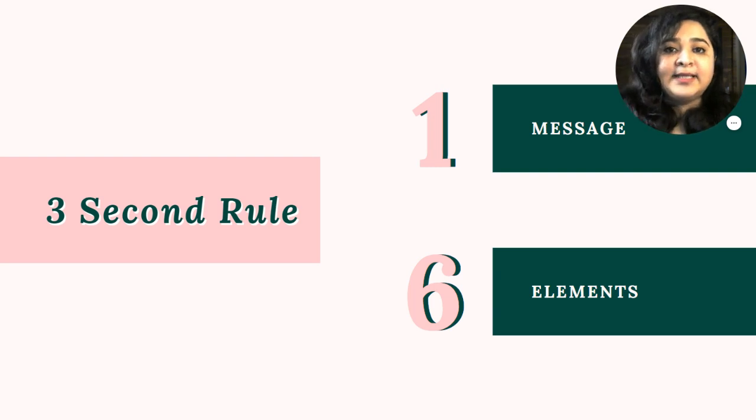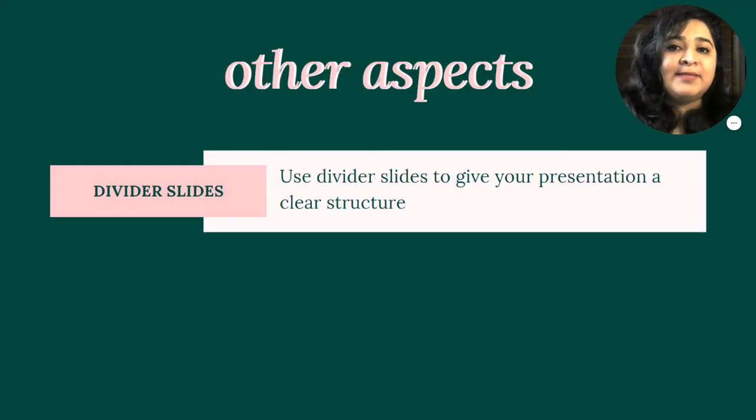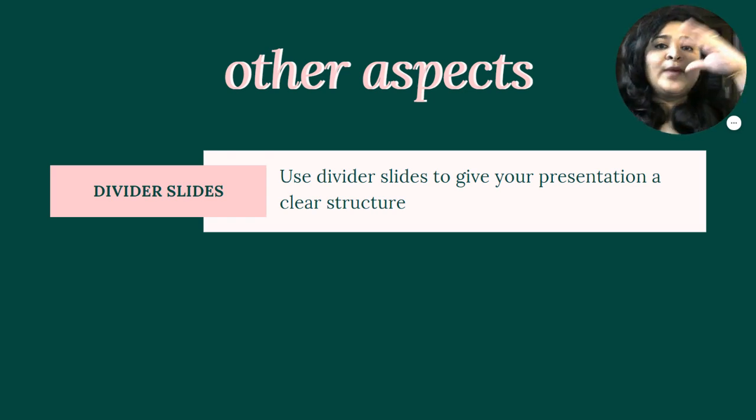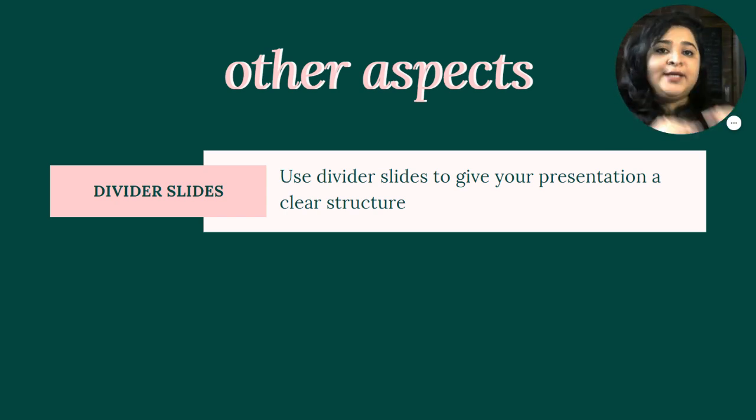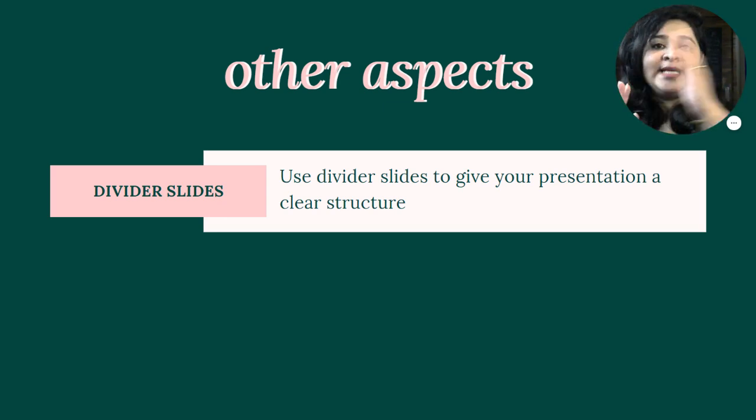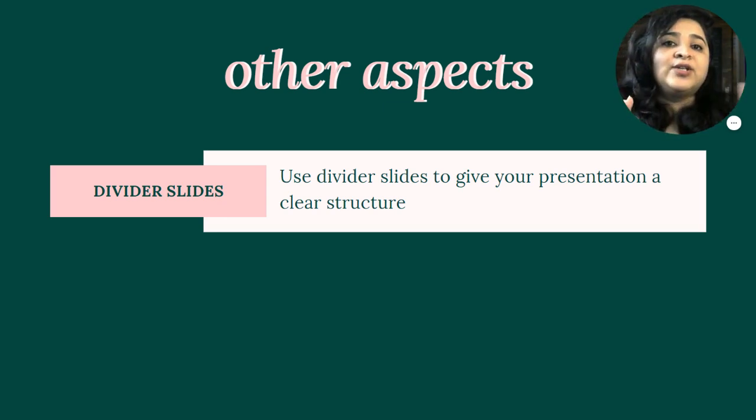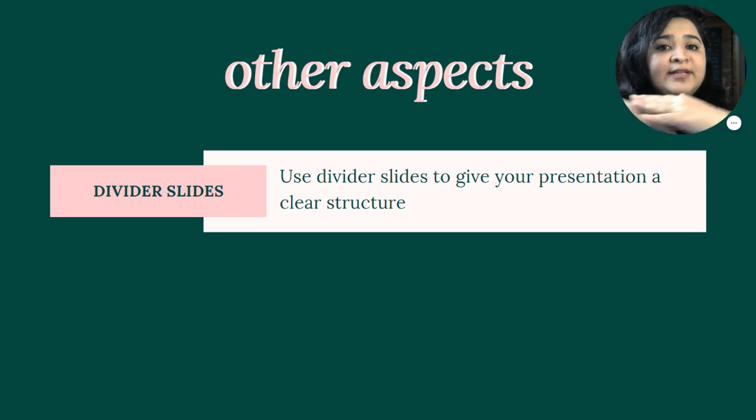Now, keeping in mind these design concepts, we are going to look at some last points that are going to help you take your designs to the next level. Use divider slides. Now, if you remember the structure, we had a core message and then we had 3 points, and those 3 points could have multiple points below them, ideally not more than three. So each of these sections, you can start treating them as sections, and you can have a divider slide.